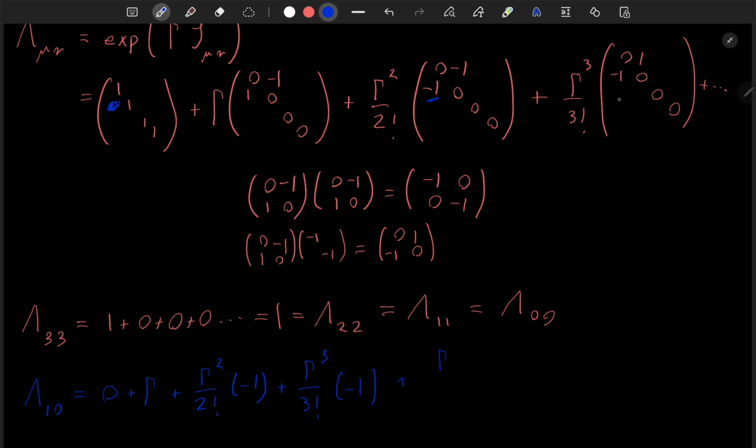I am, of course, looking at these components for this. This one will be plus 1.